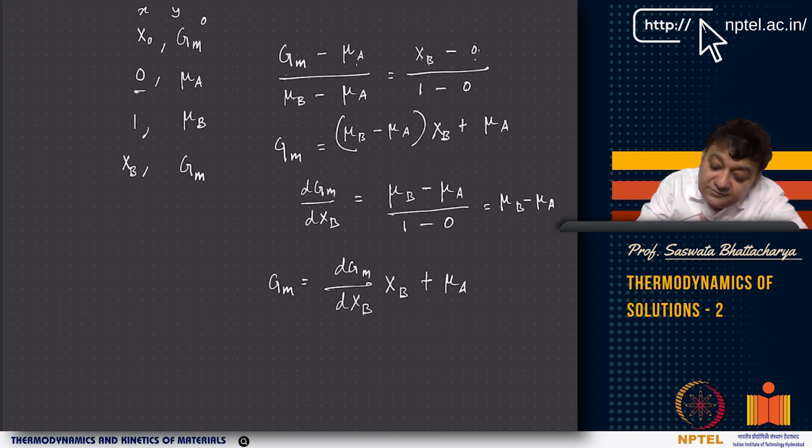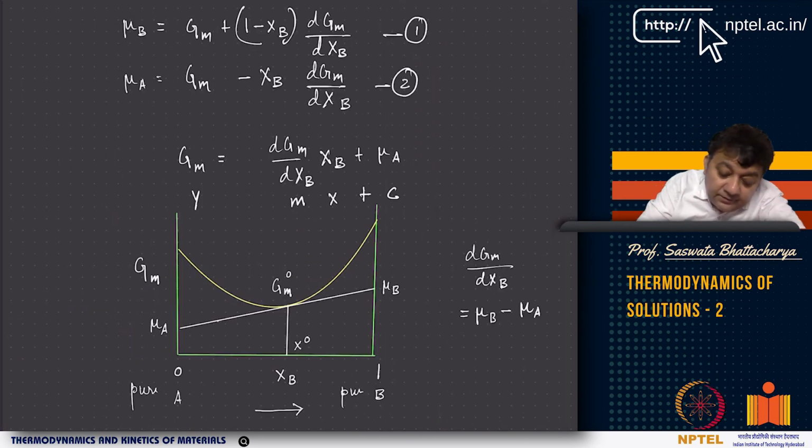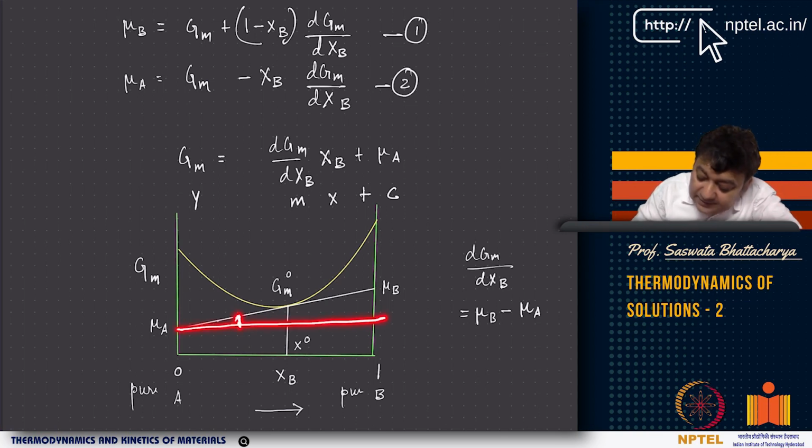Again when it is mu b as y2, and y1 is mu a, then it is 1 minus 0. So as you can see, Gm equals (mu b minus mu a) times xb plus mu a, and mu b minus mu a is nothing but the dGm dxb that we have already shown, which is mu b minus mu a by 1 minus 0. So if you look at the slope, that is basically tan theta here.